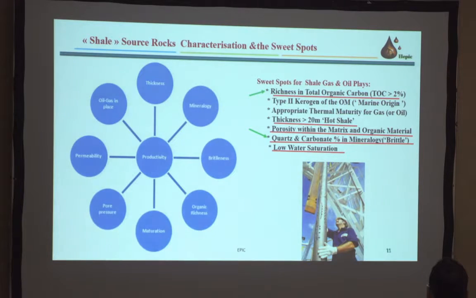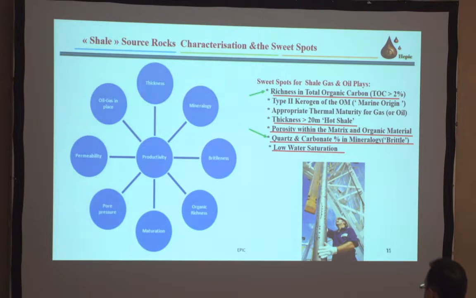For the best areas for evaluation of the shale plays, what are called sweet spots, several parameters should be met: rich in total organic carbon, more than 2%, type 2 kerogen, appropriate thermal maturity, thickness more than 20 meters, porosity within the matrix and organic material, and quartz and carbonate mineralogy, so that the formation is brittle and you can fracture it.